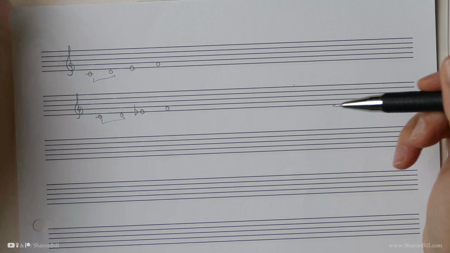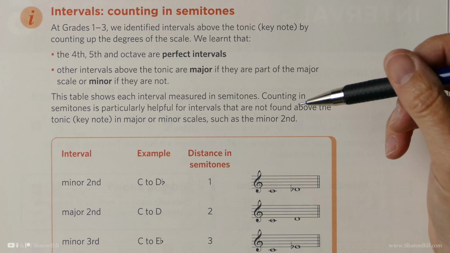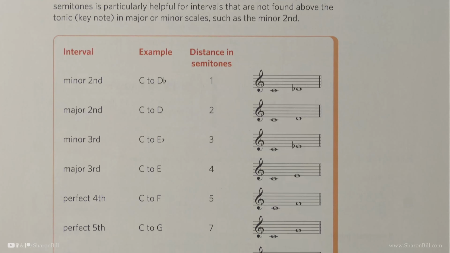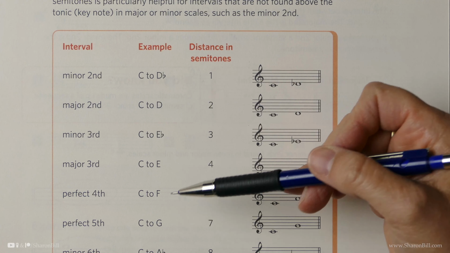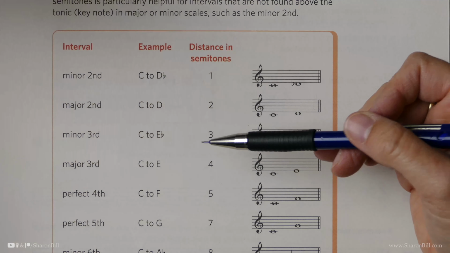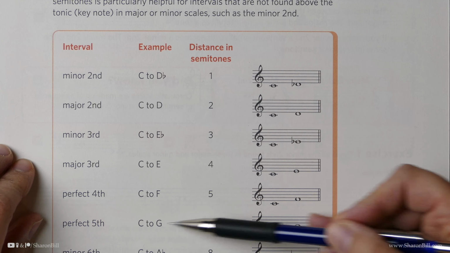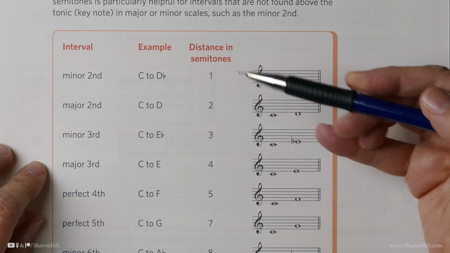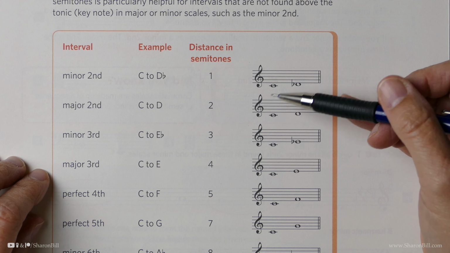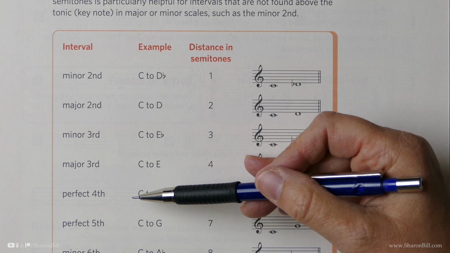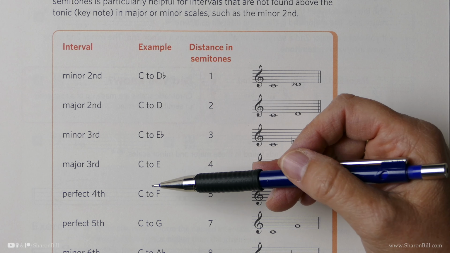However, outside of that, I do find it a little bit too confusing to remember all of these. It's all well and good if this is here right next to you, but if you've got to remember every single combination of semitones to create these larger intervals, I find that unhelpful.